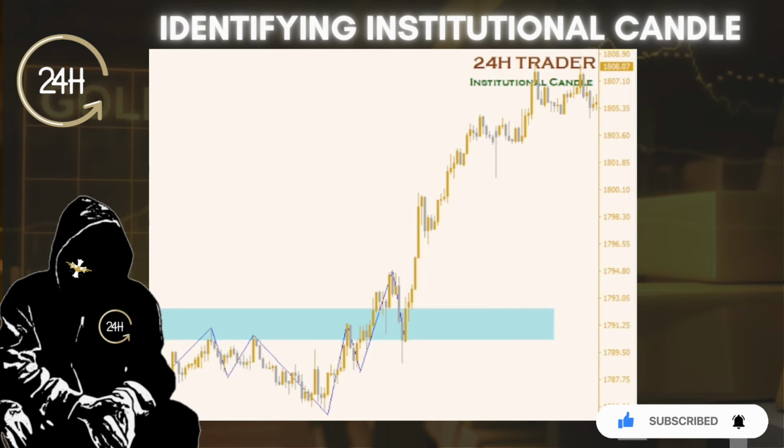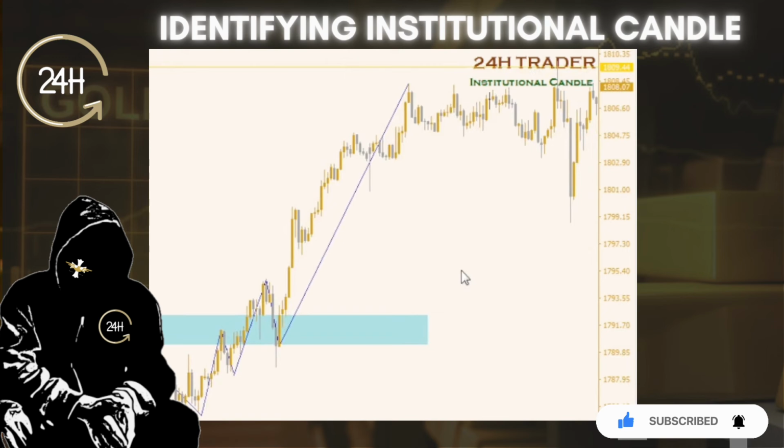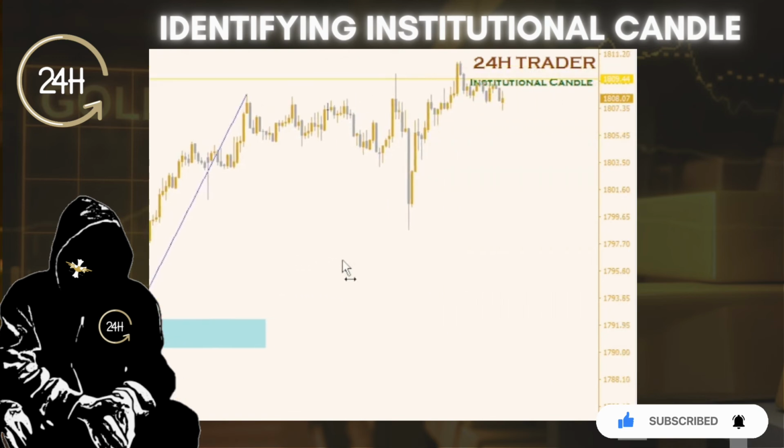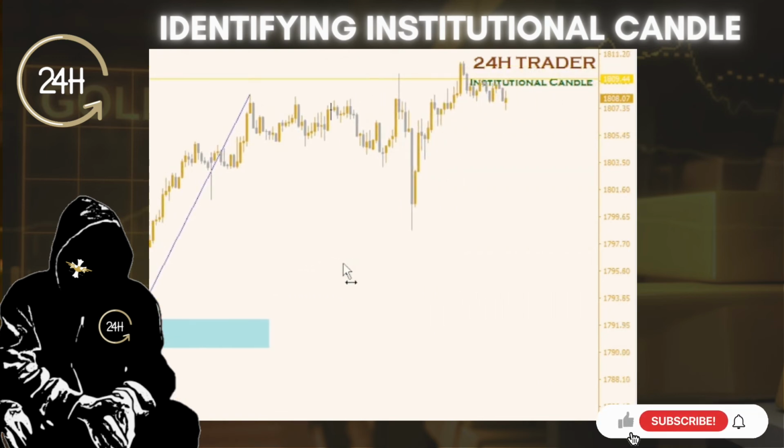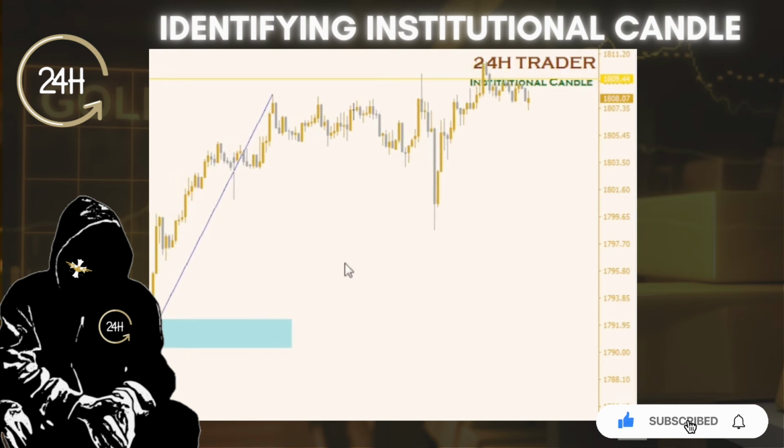So you can see that after the market broke this institutional candle, this support right here, then this institutional candle area becomes a resistance. So after it broke, the market picked this area again, it bounces, and then it retests the area again, fails to break it, and then it punches a little bit further.